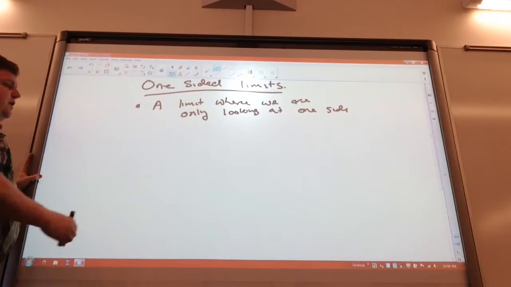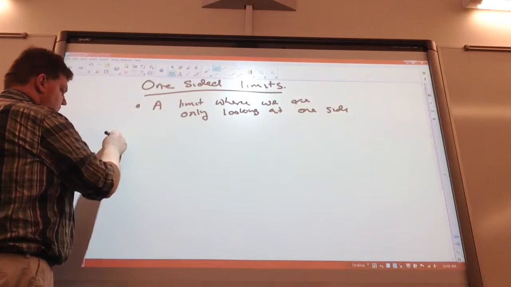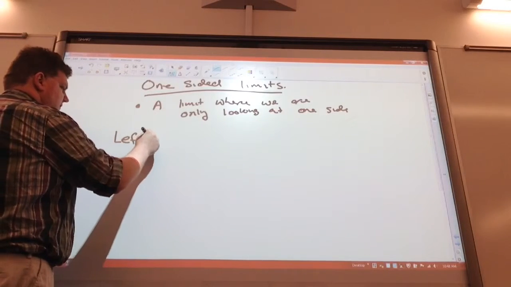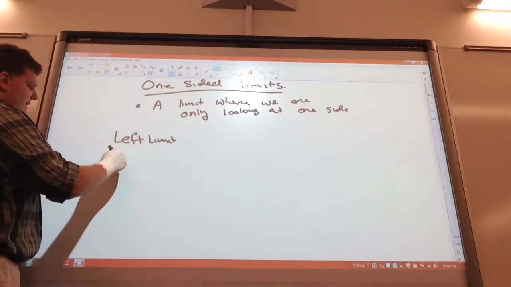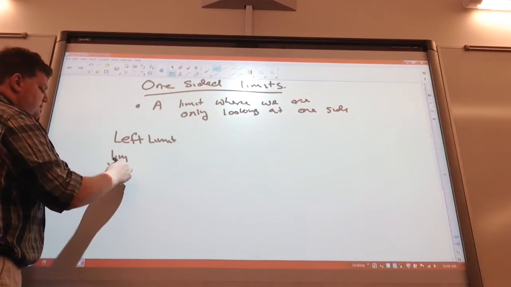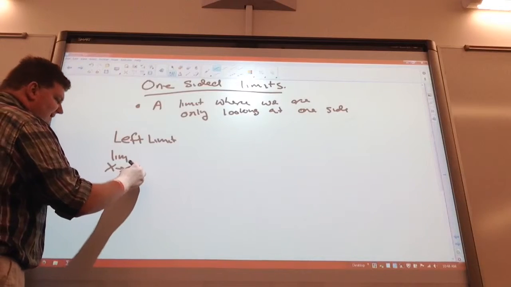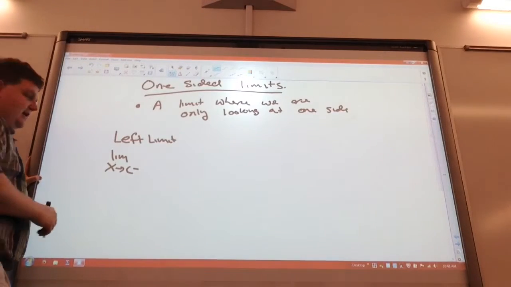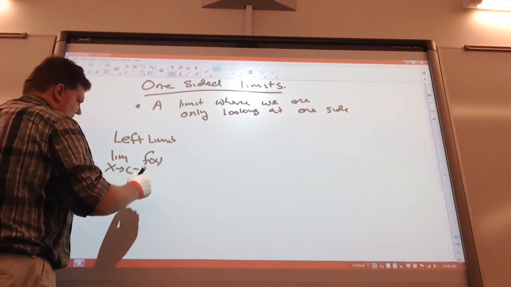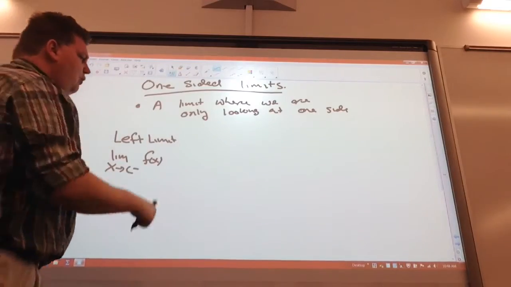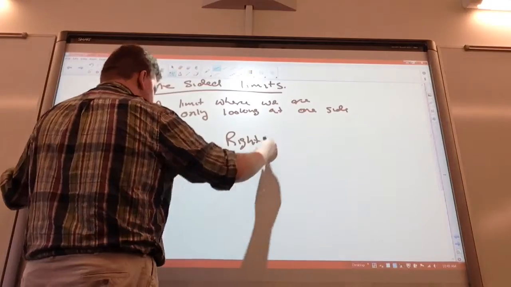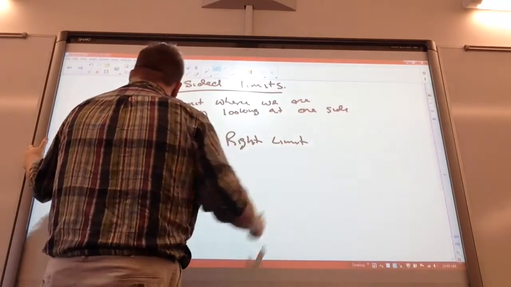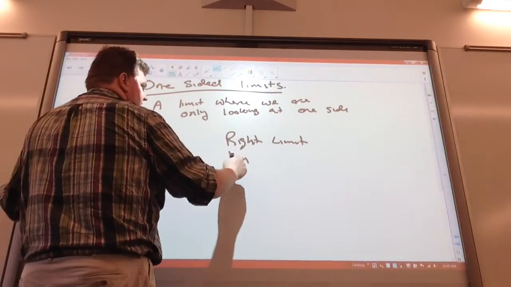The notation for it, by the way: a left limit would be written as the limit as x approaches c with a minus sign after the c of f of x, while a right-sided limit would have a plus sign instead.